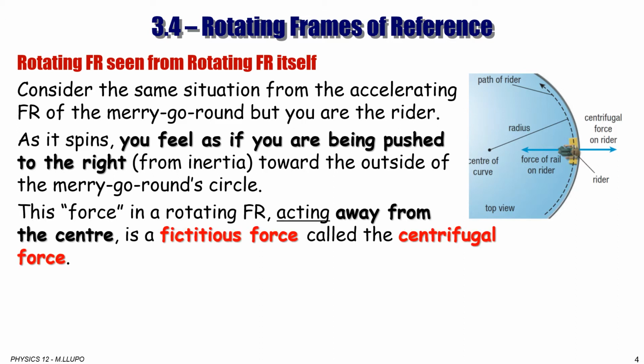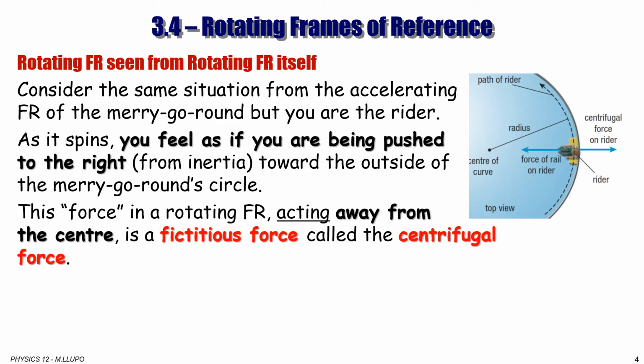So this force in the rotating frame of reference, acting away from the center, is a fictitious force. It is not an existing force. However, this force, which is called centrifugal force, is used to explain how, in a rotating frame of reference, you are in equilibrium.